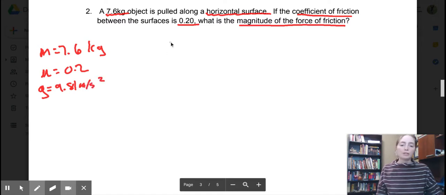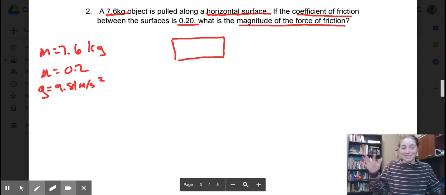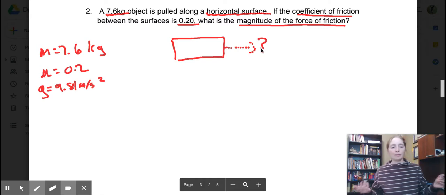Okay, well, let's draw ourselves a free body diagram because it's what we always do. You guys will notice I'm getting better at this after all the videos. I can actually draw a box that looks kind of like a box. The thing is that we do not know about a force applied here. We don't know if we have a net force.